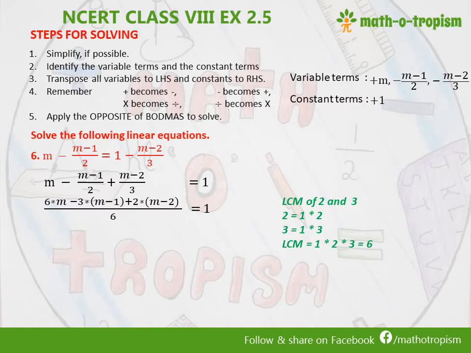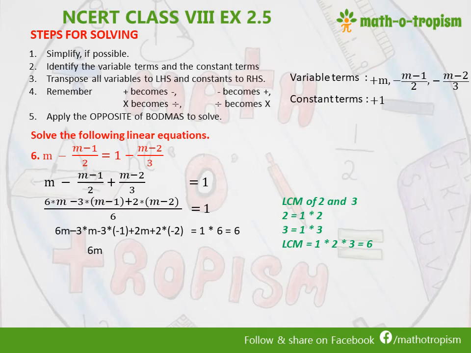We take the 6 to the right hand side. So it becomes 6m minus 3 into m minus 3 into minus 1 plus 2 into m plus 2 into minus 2, using the distributive property, and we take the 6 to the right hand side, so it becomes 6.